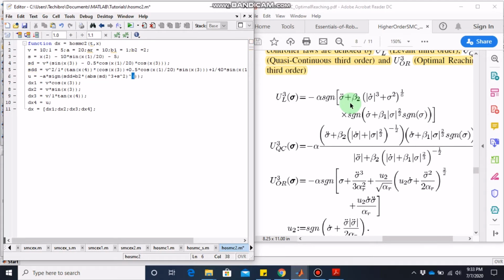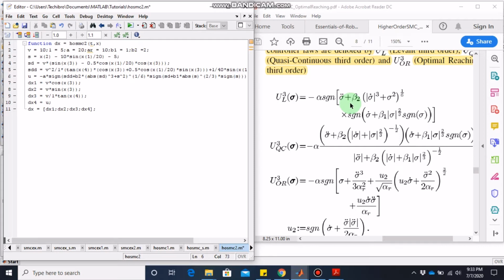So this is 1 by 6, and this is multiplied by sine of S dot plus B1 times absolute value of S raised to the power 2 by 3, and then multiplied by sine of S, which is the sliding surface.